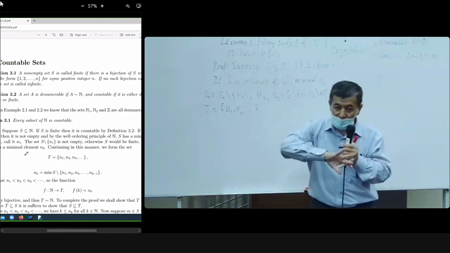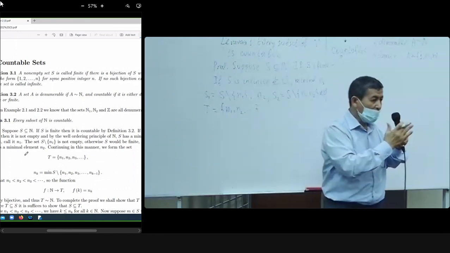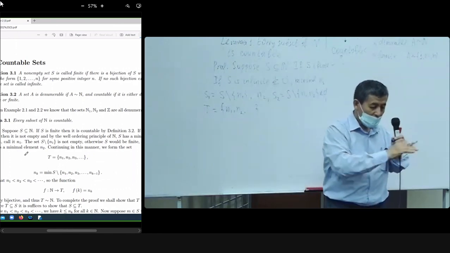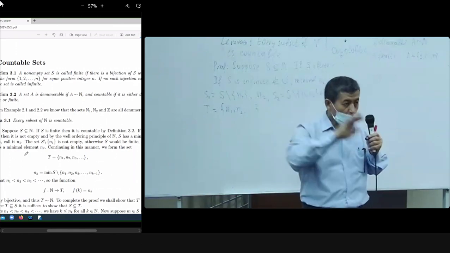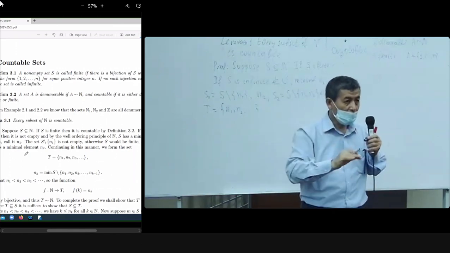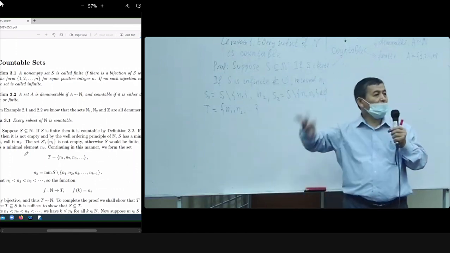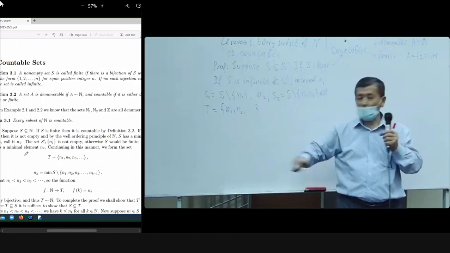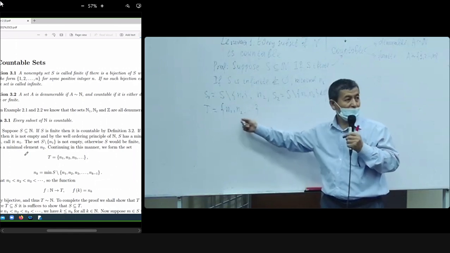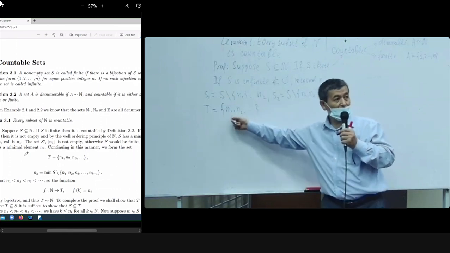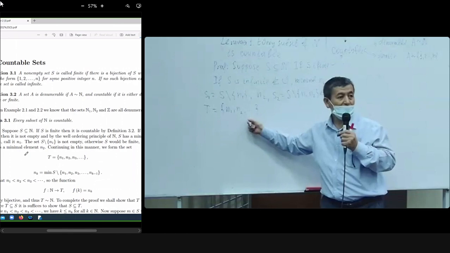Imagine one element taken out, we still have infinite elements. Take out two, we still have more, take out three. If we take out 1, 2, 3, 4, not finitely many, we take out infinitely many elements. This consists of the T set.